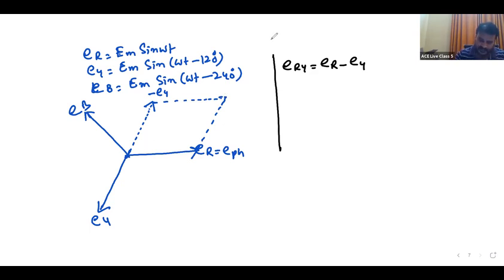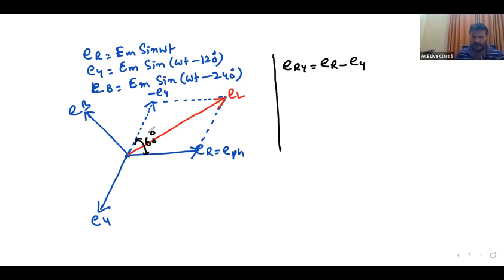This is the line voltage, EL. The angle between these two is 60 degrees.